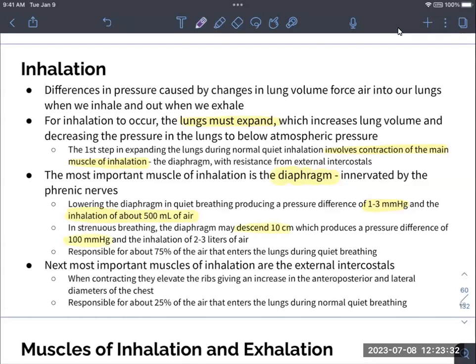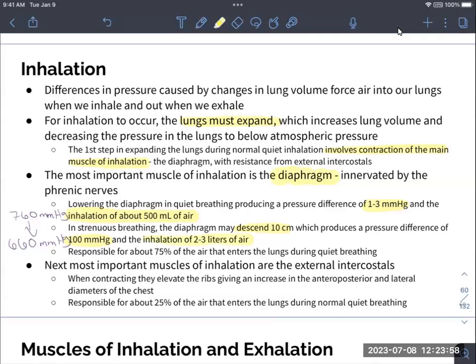So atmospheric pressure, that 760 millimeters of mercury, it can go all the way down to 660 millimeters of mercury during strenuous breathing. We can take in as much as 2 to 3 liters of air per breath.